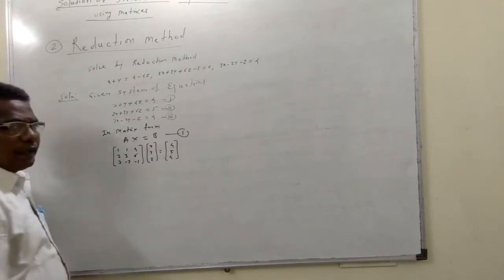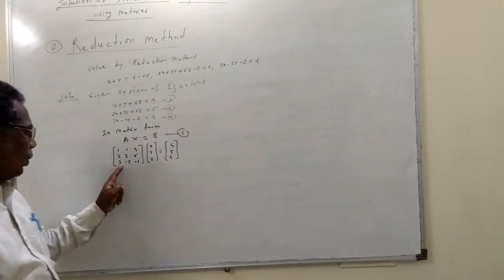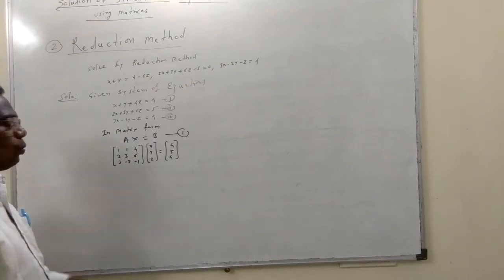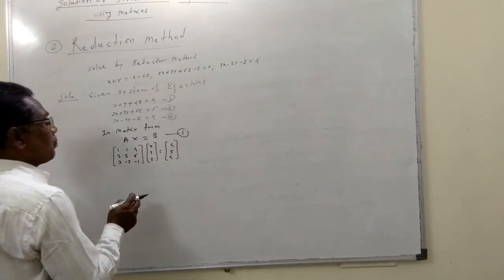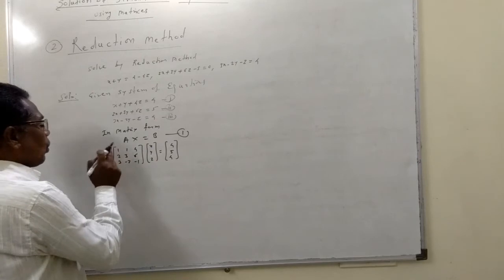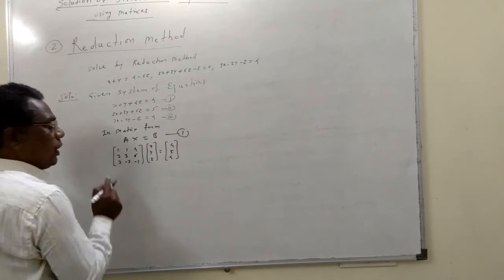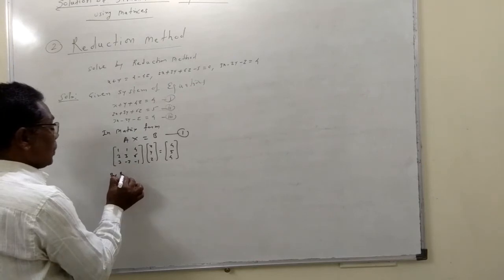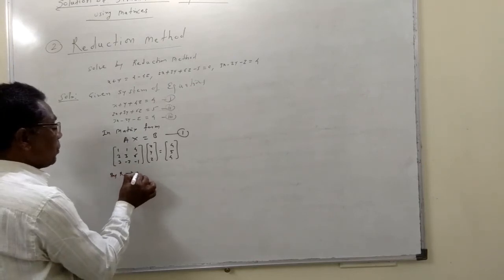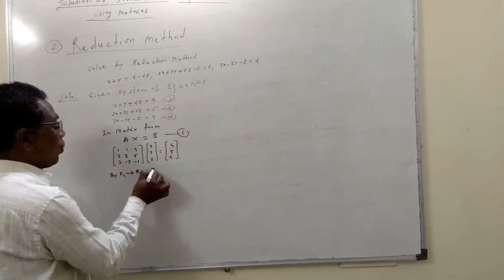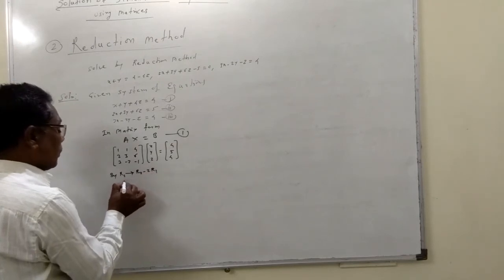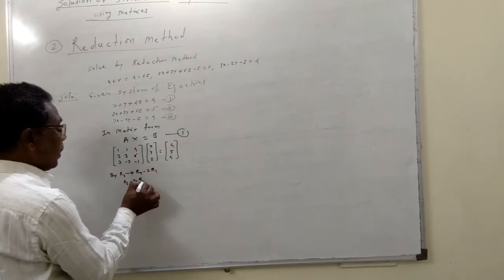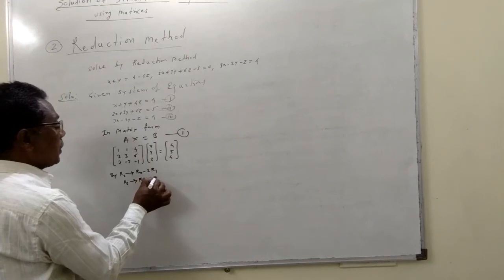Now by elementary row transformations, we reduce this A matrix to an upper triangular matrix. Here 1 is already there, so we will reduce the elements below it to 0. R2 is replaced by R2 minus 2R1, and R3 is replaced by R3 minus 3R1.